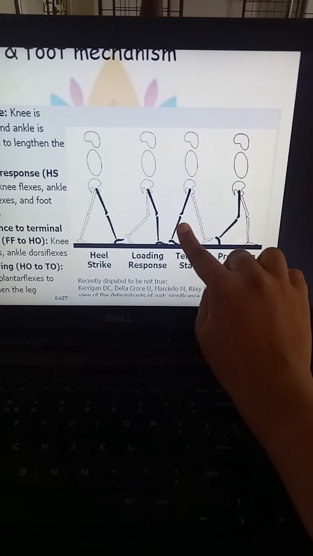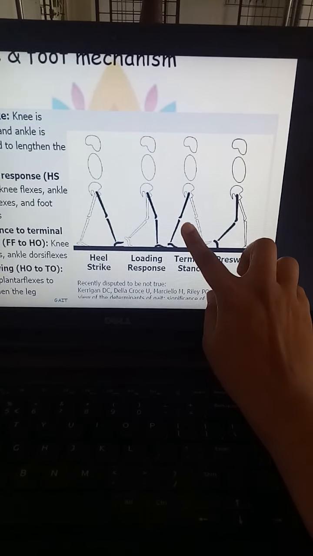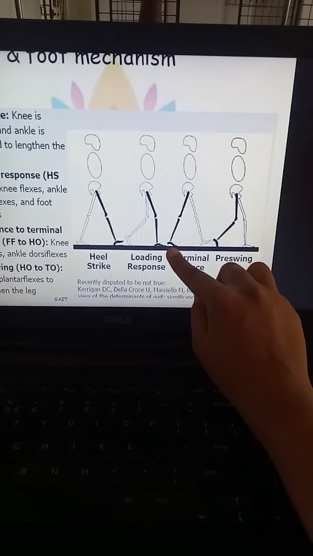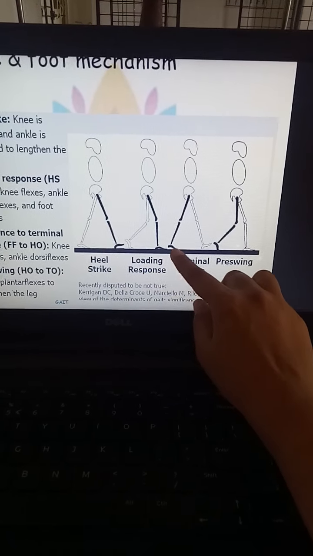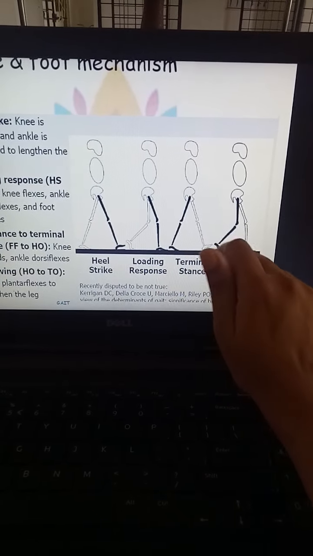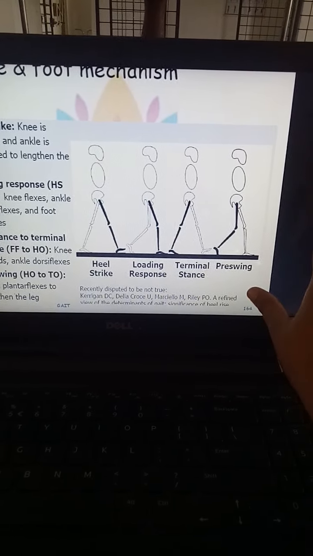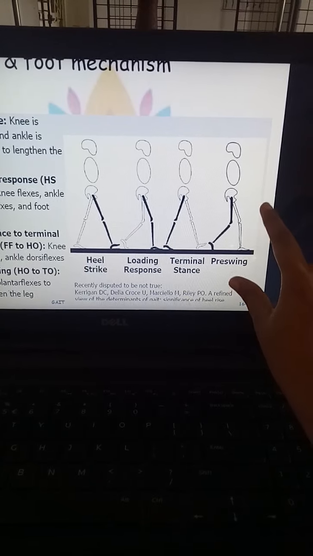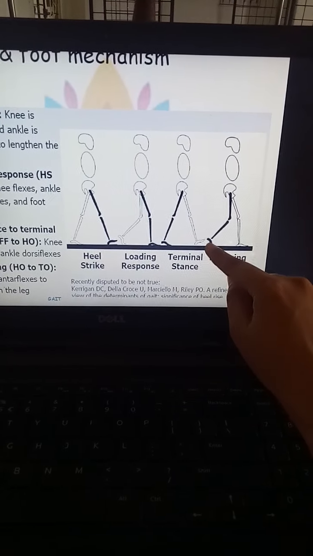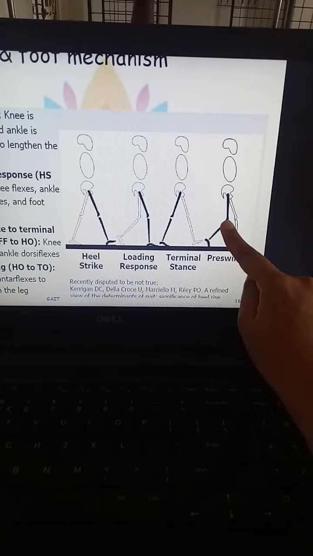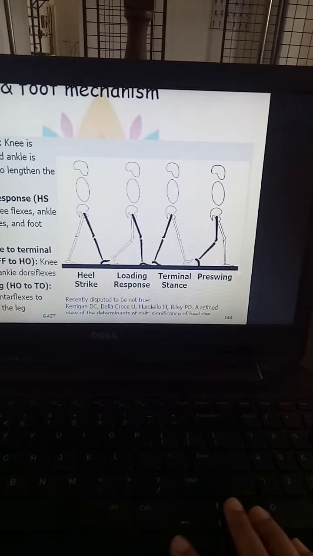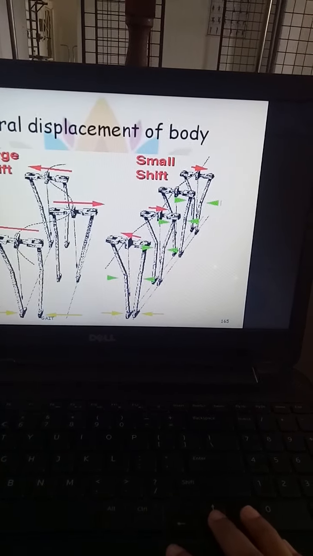At that time, the knee is in the extended position and the ankle is in the dorsiflexion position. The foot is a little bit up in terminal stance. Next is pre-swing, from heel off to toe off. The ankle is in the plantar flexion position and the leg is in the lengthened position. So this is about the ankle and foot mechanism.